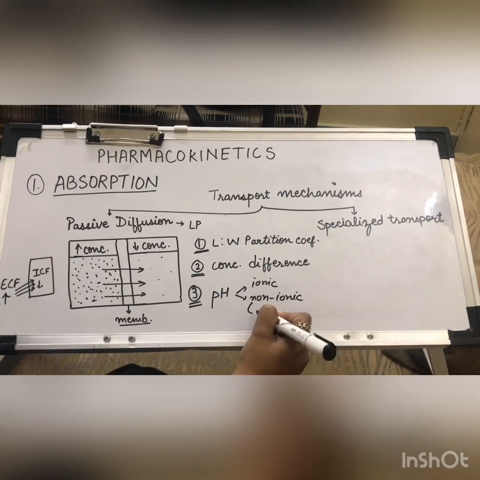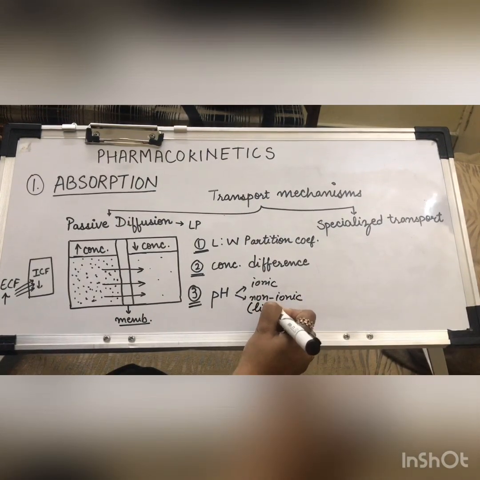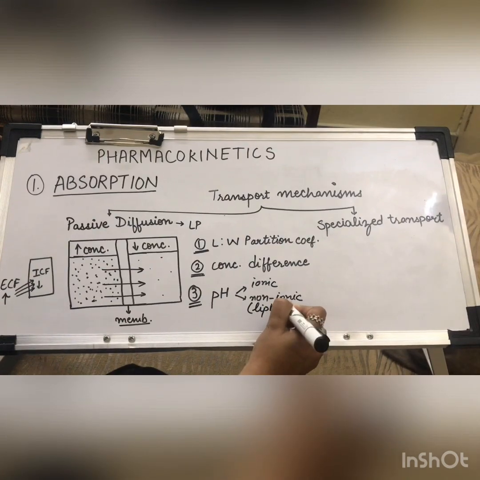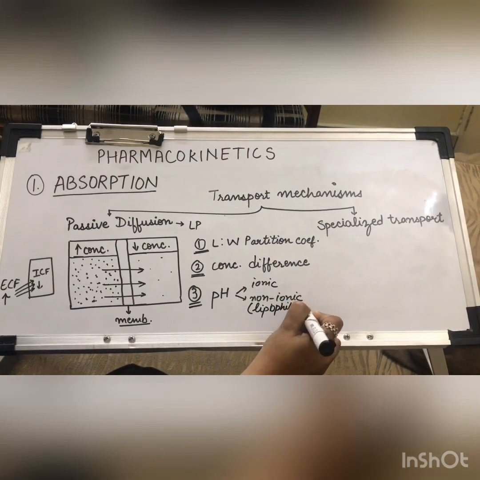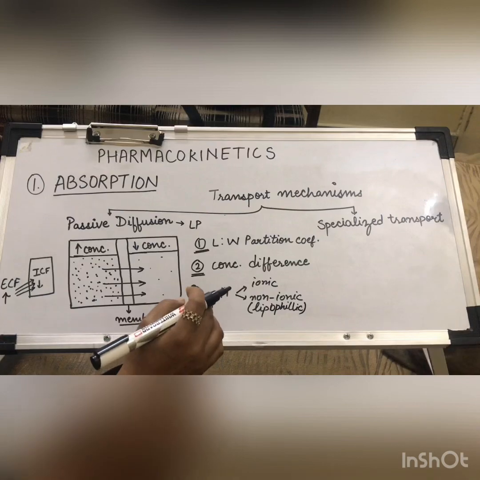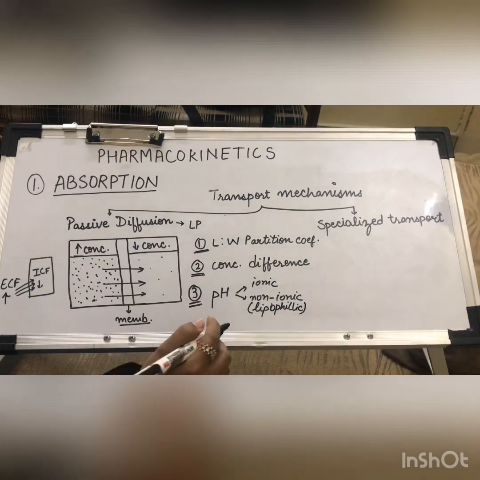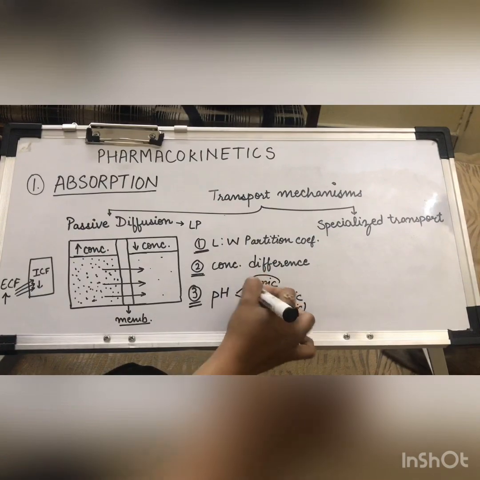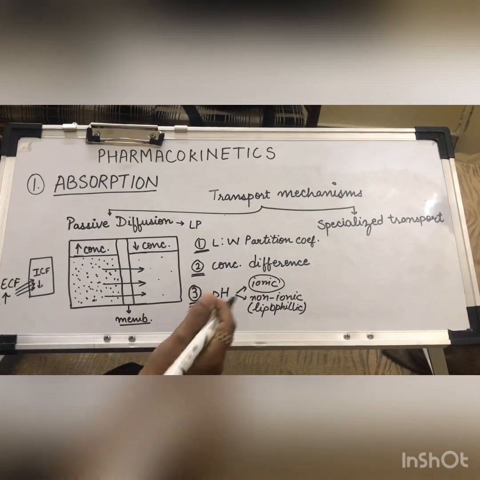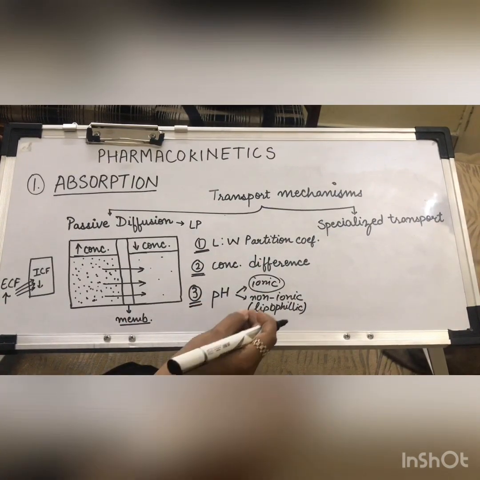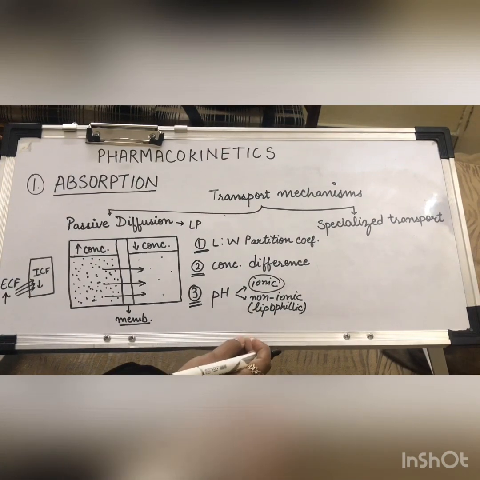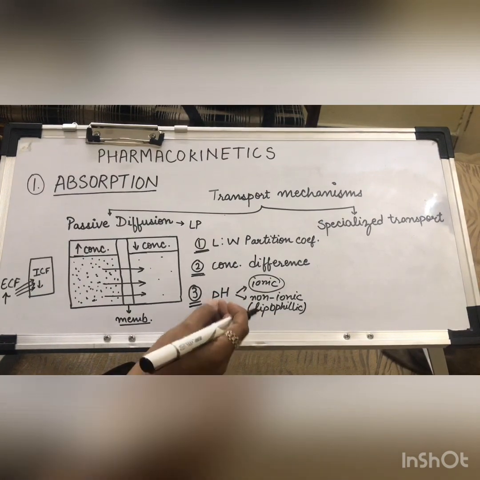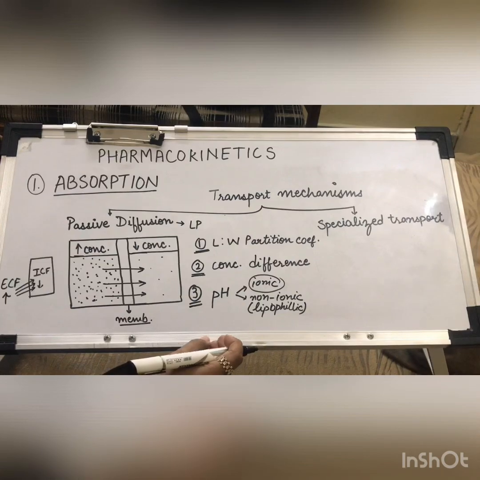As non-ionic forms are lipophilic in nature, so these are easily crossed across the cell membrane as compared to the ionic drugs. So the non-ionic drugs, because they are lipid soluble, they are readily absorbed inside the cell.